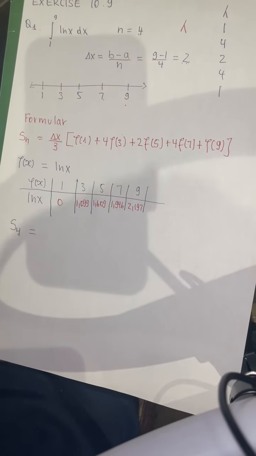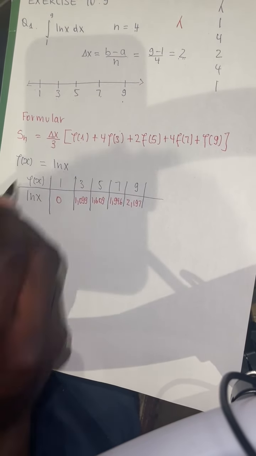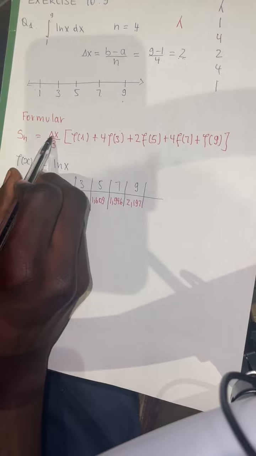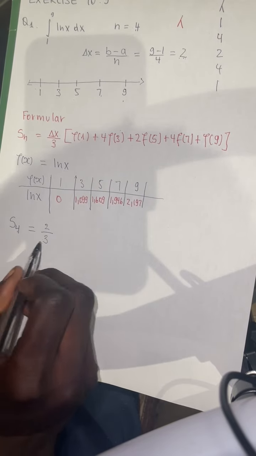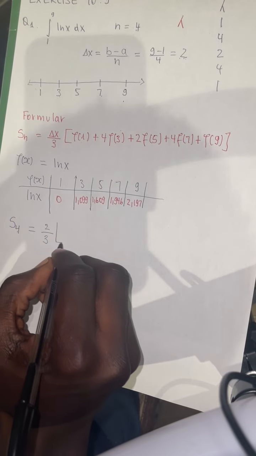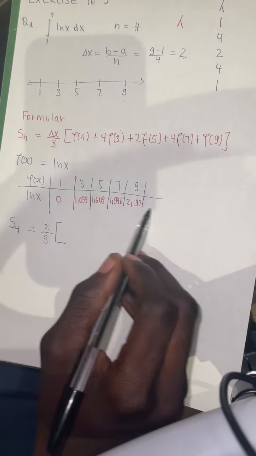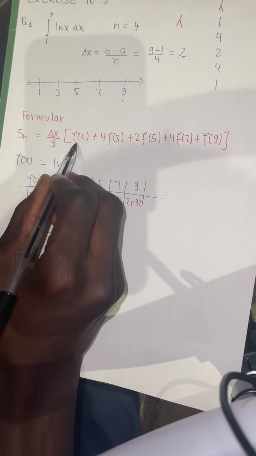So now what are we going to have? Following this formula, what's dx? Dx we were already given, which is 2. So we're going to have 2 divided by 3 from the formula. And then we put everything, those numbers we have. What is f of 1? It is 0.